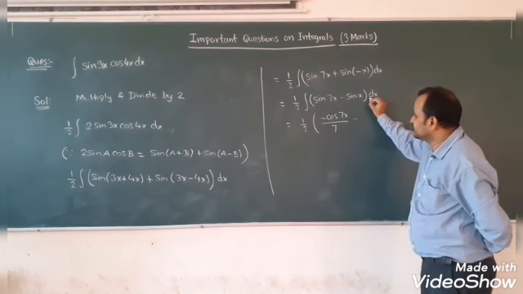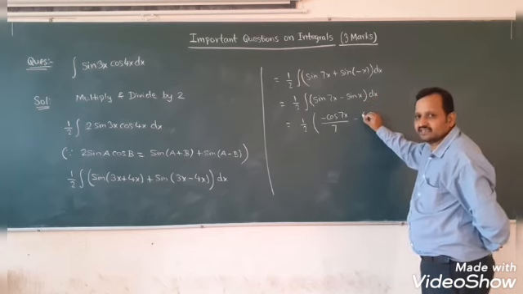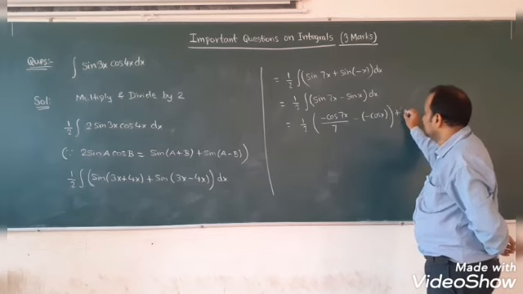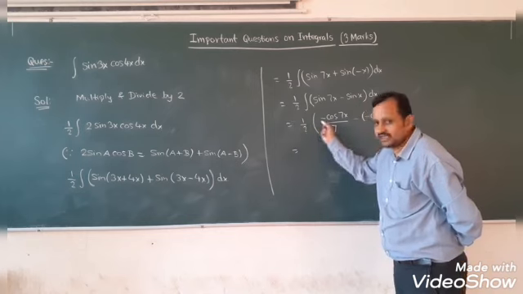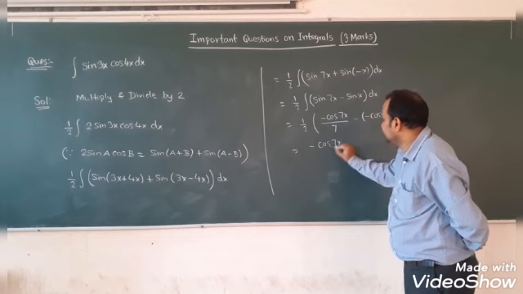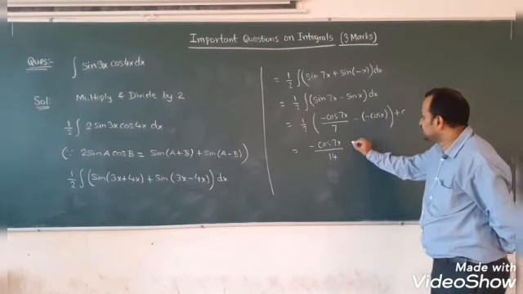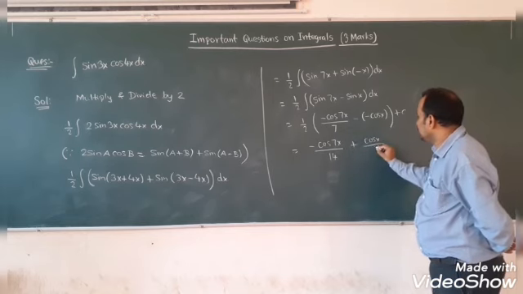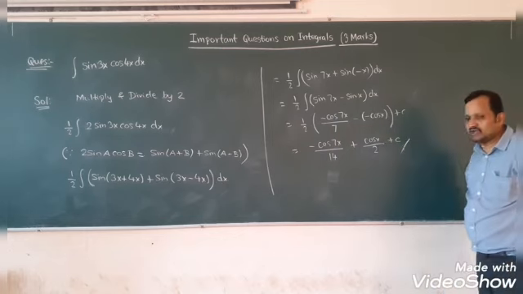Minus, and the integral of sine x is minus cos x. So the final answer: multiplying the 2 inside, minus cos 7x divided by 14, minus minus is plus cos x divided by 2, plus c. So this is the required answer.